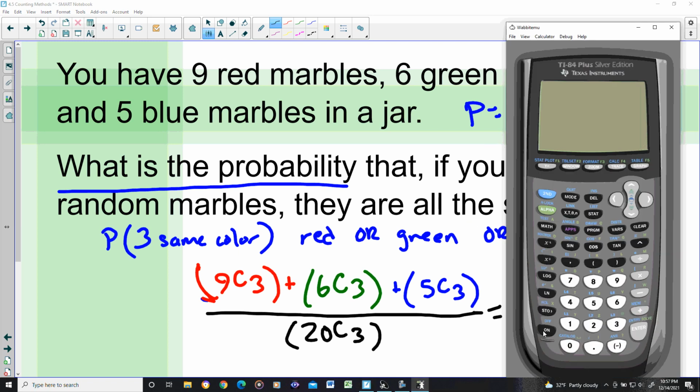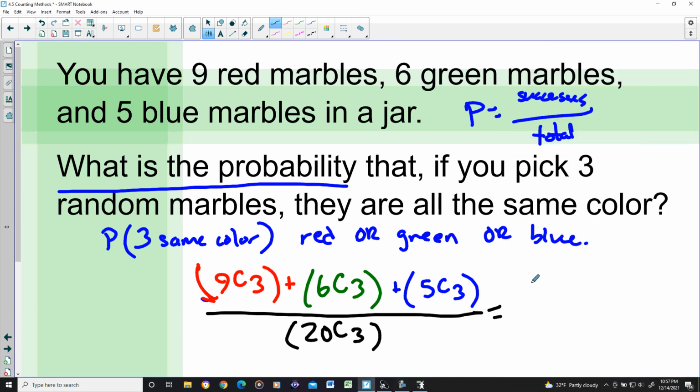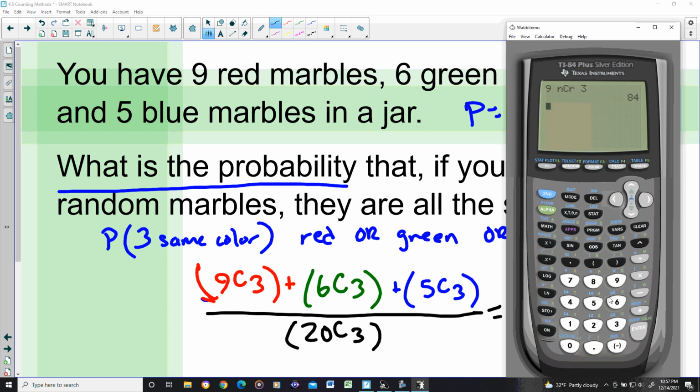So 9 choose 3. This is 84. Now 6 choose 3 would be 6 times 5 times 4 divided by 6. That's 20. And you can verify that, say, if you want.